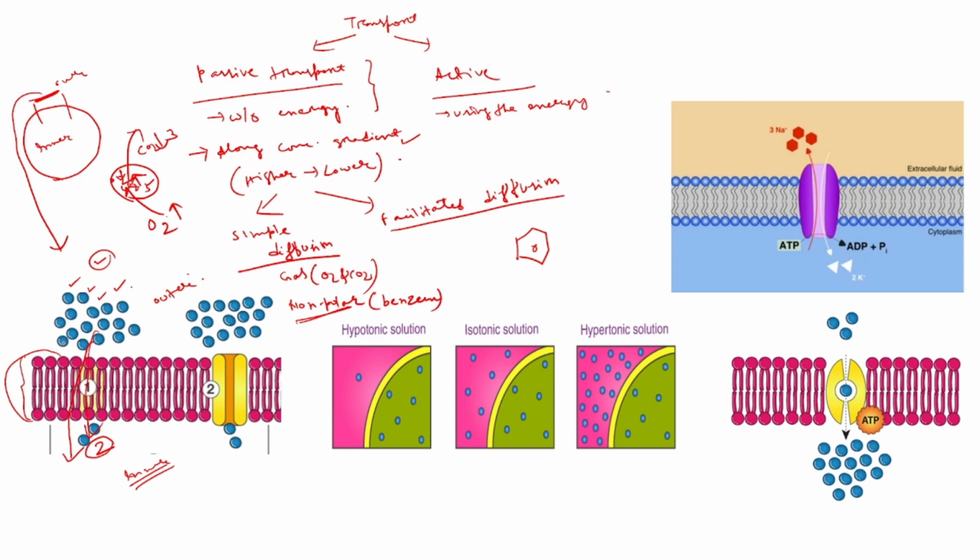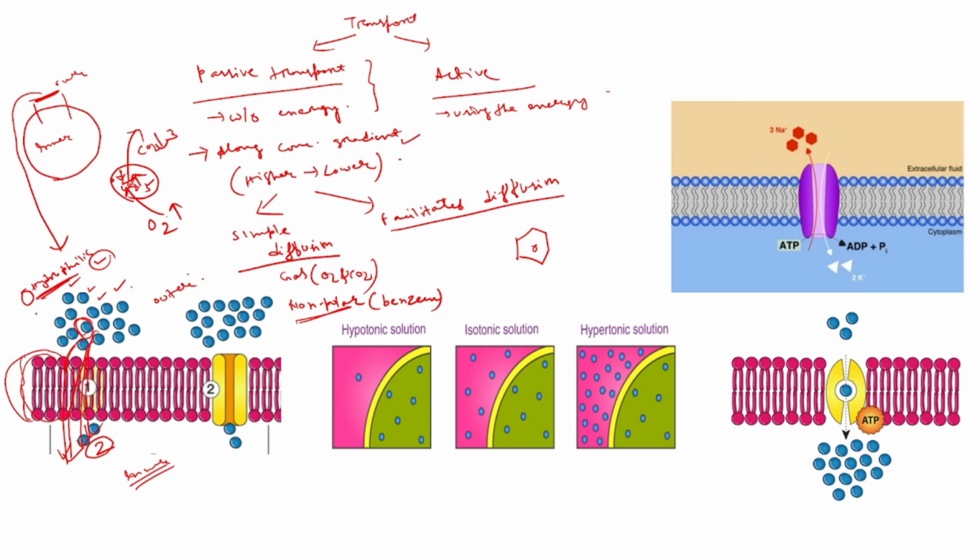So the hydrophobic molecules can easily pass through the layer, because they can mix with each other and easily pass through the hydrophobic layer. But if it is a hydrophilic molecule, this is the hydrophilic molecule.